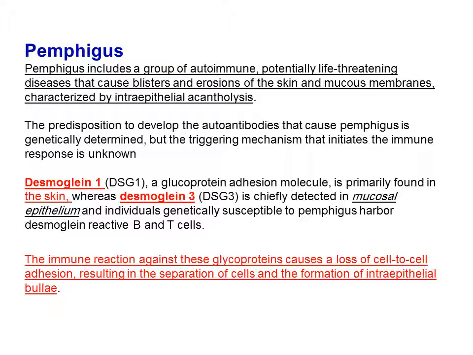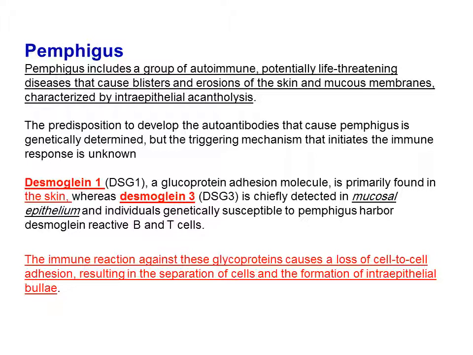Now, we should know that DSG1 is found in the skin, and DSG3 is found in the oral mucosa. The immune reaction against these glycoproteins causes loss of cell-to-cell adhesion, resulting in separation of the cells from each other and formation of intraepithelial bullae.